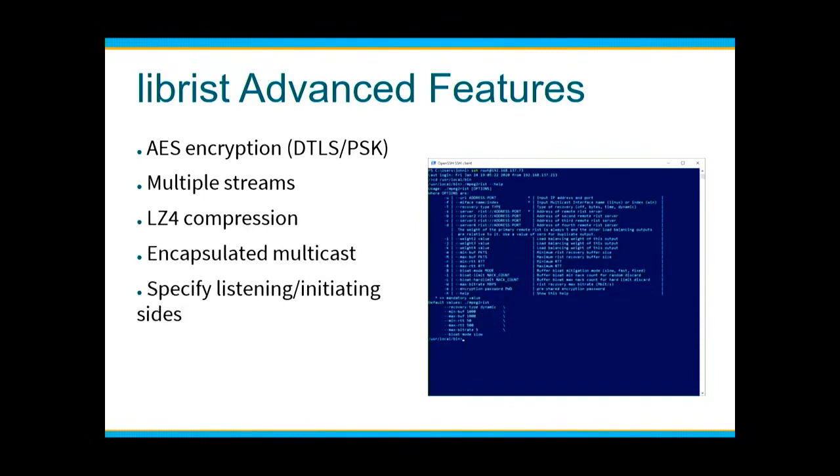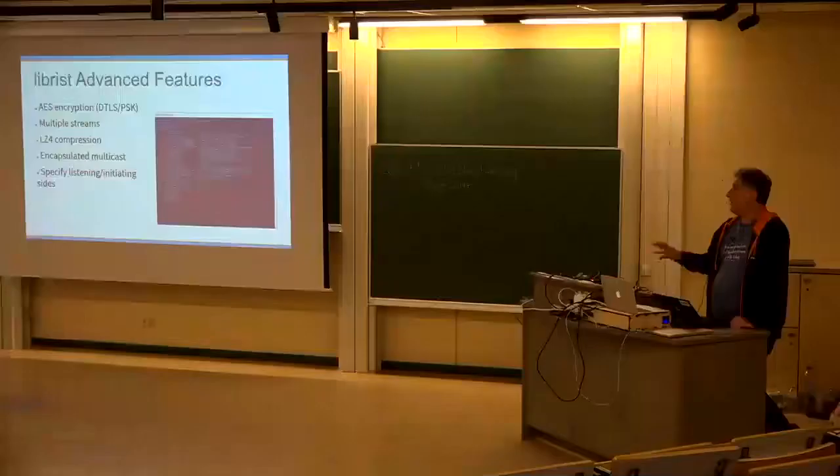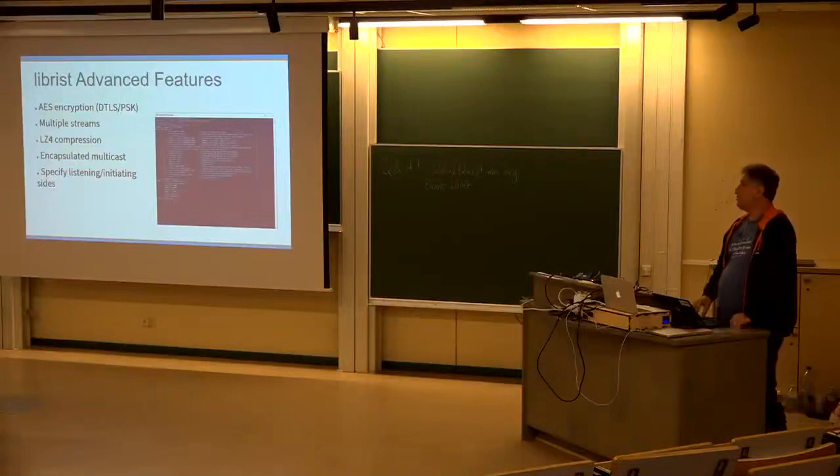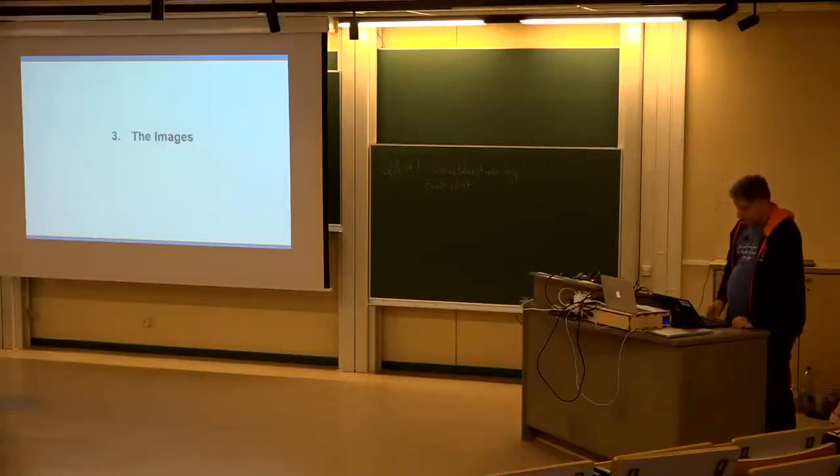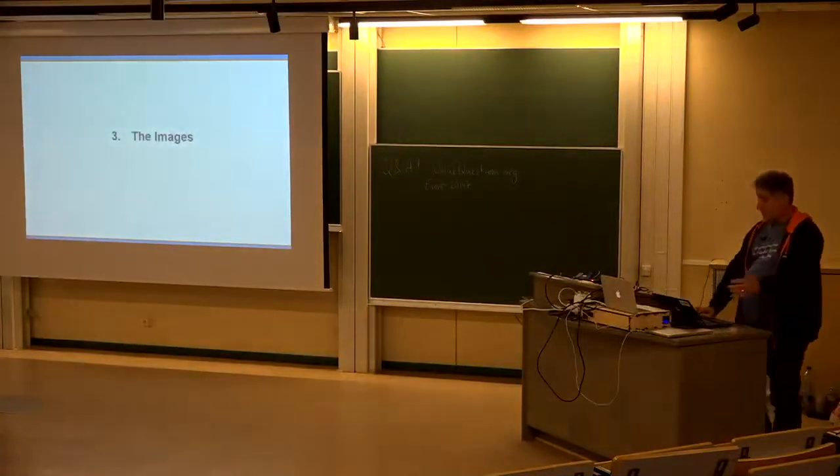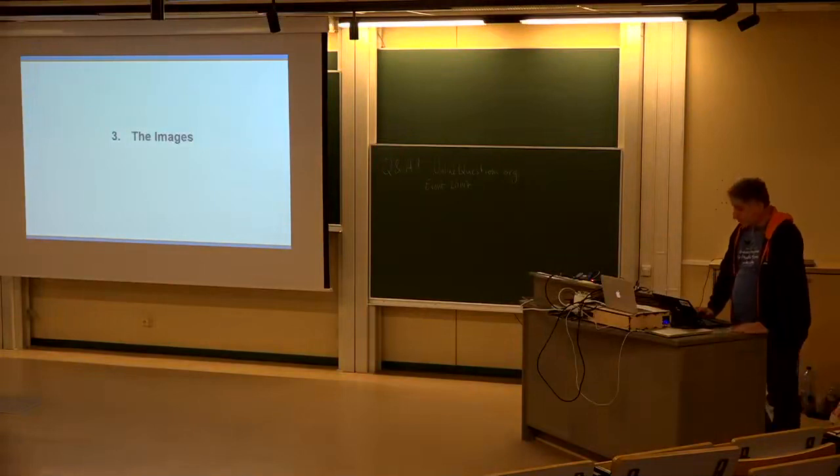We can encapsulate multicast, and now we can specify which side is going to initiate the connection independent of which side is sending the stream. All that is supported in the library for somebody that wants to implement advanced features. They're not part of the sample application that comes with it. It's very simplistic. So next, the virtual images, right?